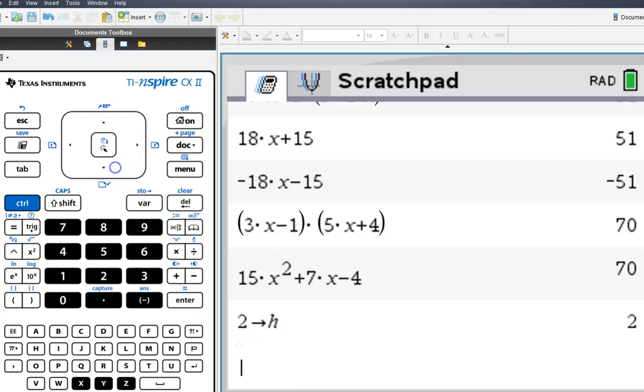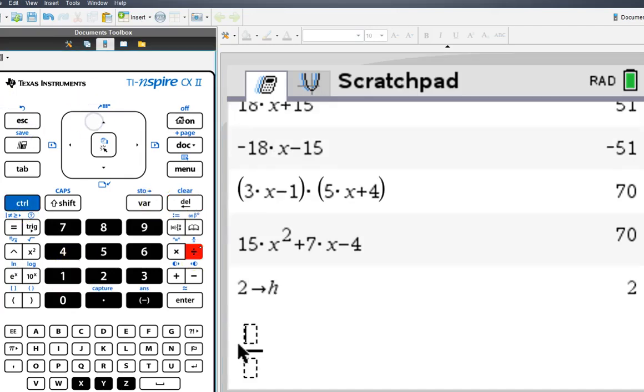Now then I can type in these problems, right? So I'm going to type in 1 over 2h. I'm sorry, I need to do control divide. 1 down 2, right arrow h. And then plus 5 over 2. Control divide, 5 down 2. So I have that.